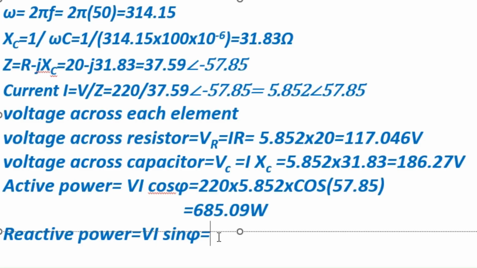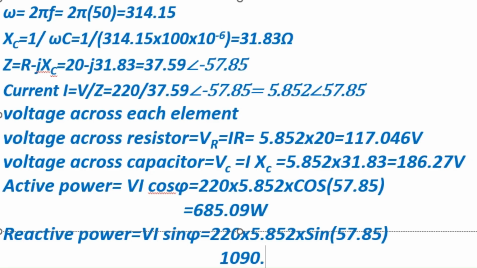Similarly, the reactive power is VI sin phi. The voltage V is 220 into 5.852 into sine of 57.85, which equals 1090.02.